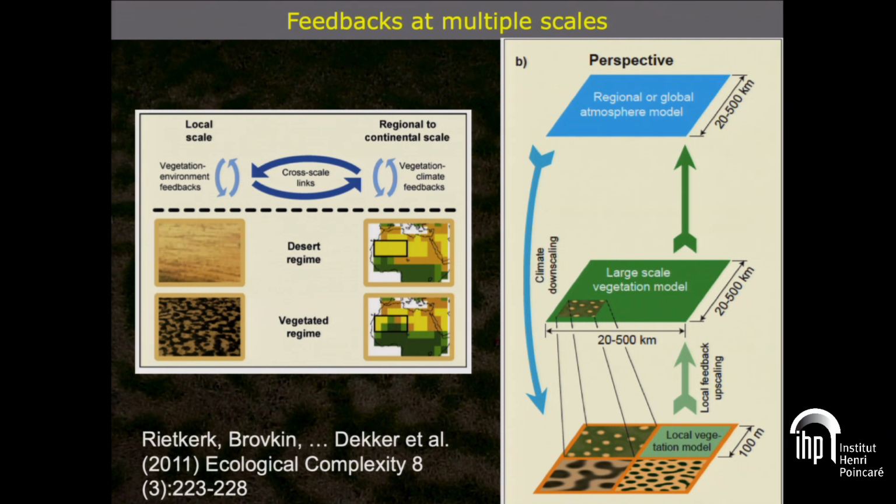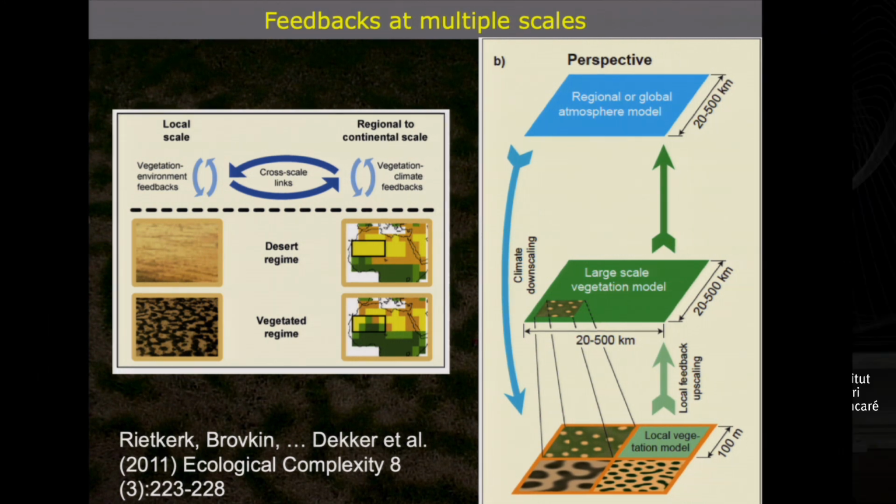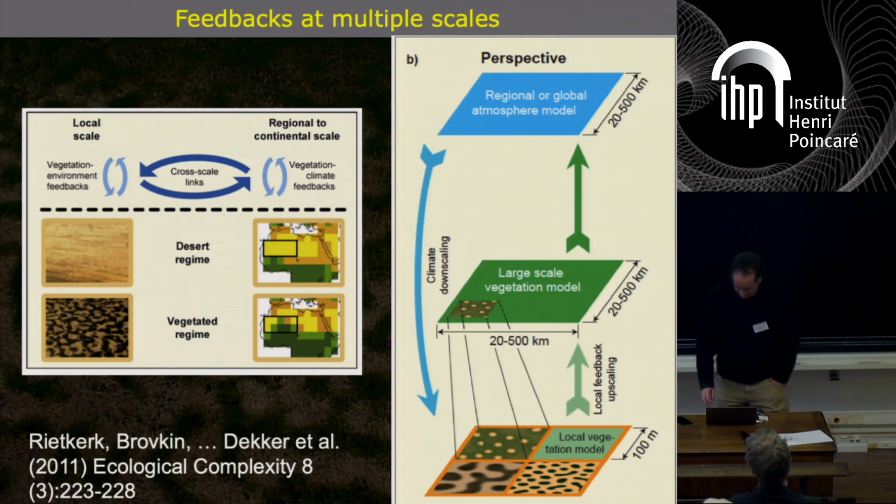And these then will be interacting with the other typical feedbacks, which act at a regional scale or at larger scales, which are well-known feedbacks in the climate system and are to some extent currently represented in regional and global climate models. So this connection is, I would say, still missing, and it would be interesting to pursue it further.